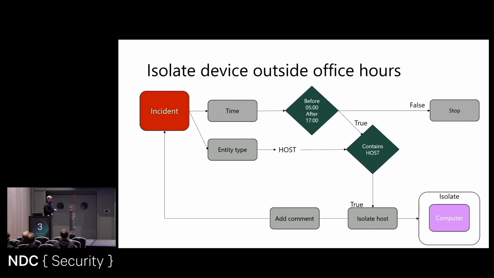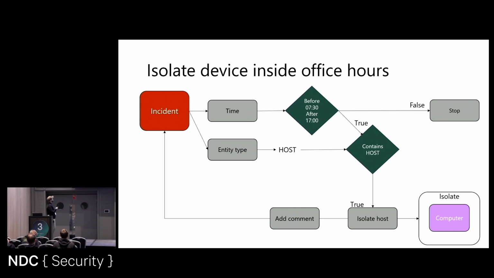We can do this with users as well. If a user reaches a certain risk, we can automatically isolate them or disable their user. These flows are very useful if you have limited resources. And you also have to be aware that yes, you might stop something, but you might also break something when you're doing this.